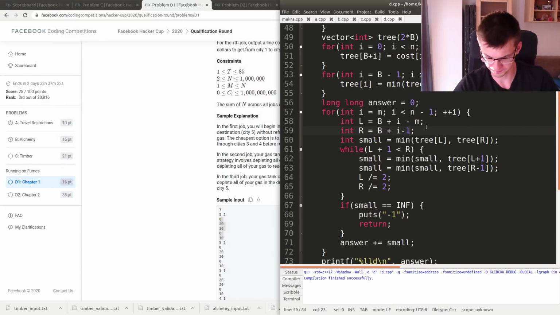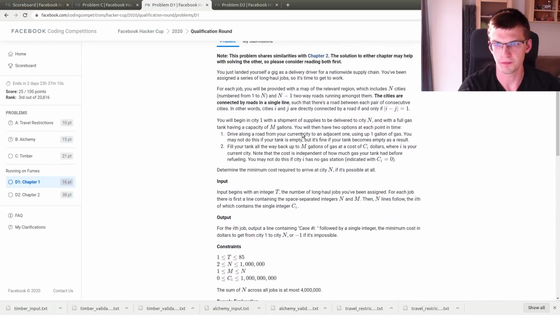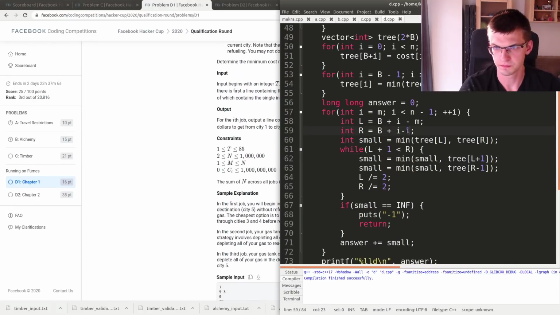Damn it. I cannot tank in the first city. So when I'm here, I think it should be like that.